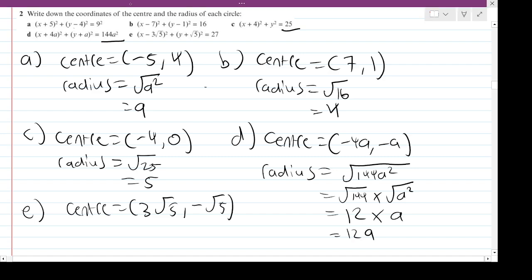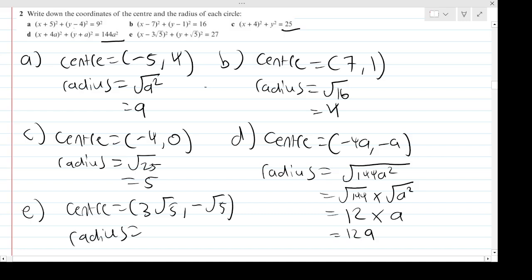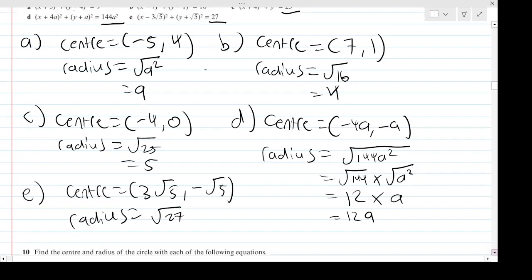Okay, you can kind of think of this as well by just setting the brackets to be 0. In a way, if it helps. So if x minus 3 root 5 is 0, then x has to equal 3 root 5. But it depends how you want to see it, really. So there we are, that's the centre. Then the radius, well, radius squared is 27. So the radius alone is root 27, okay. Does that simplify? Yeah, it goes to 3 root 3. There we are, cool.